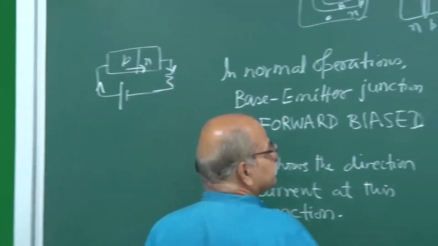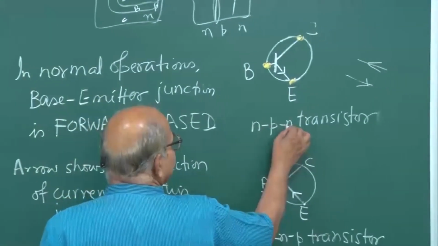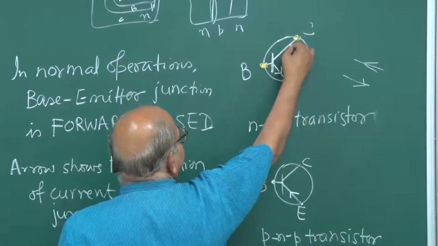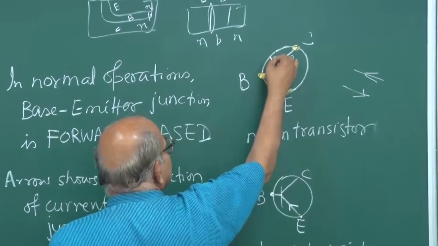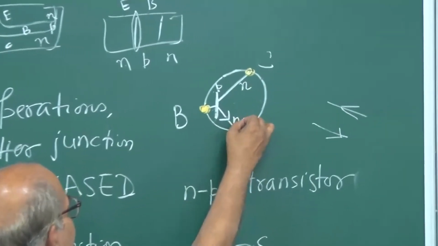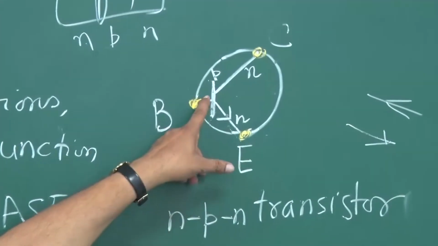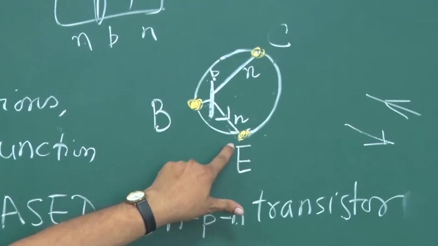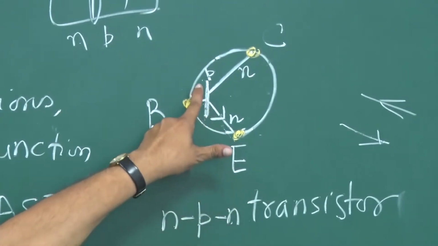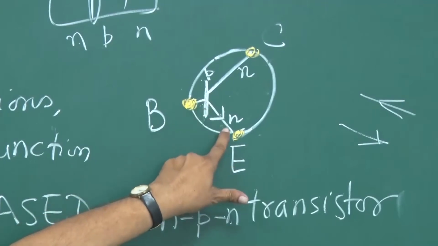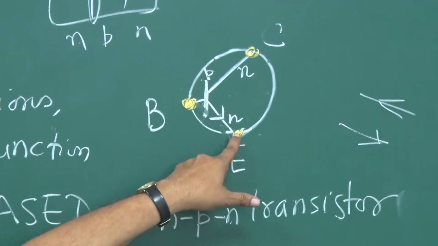So if this is an NPN transistor, then this is N, this base is P, and this emitter is N. At this base emitter junction, the current should flow from P to N, that means from here to here, and therefore the arrow is like this.